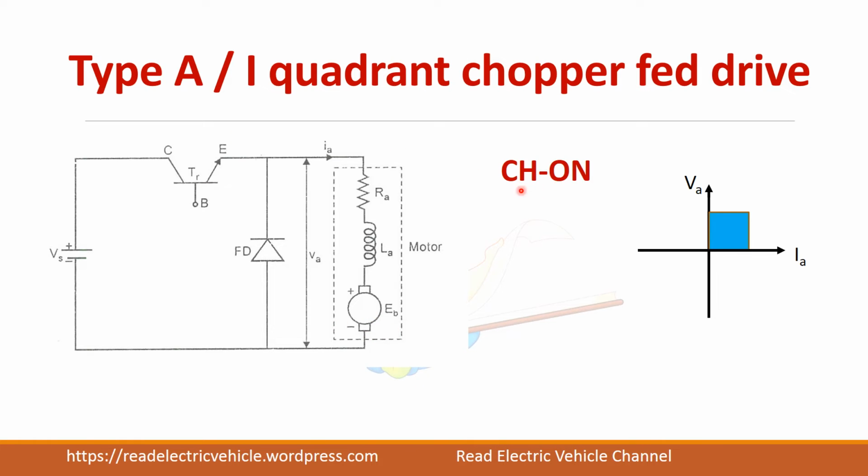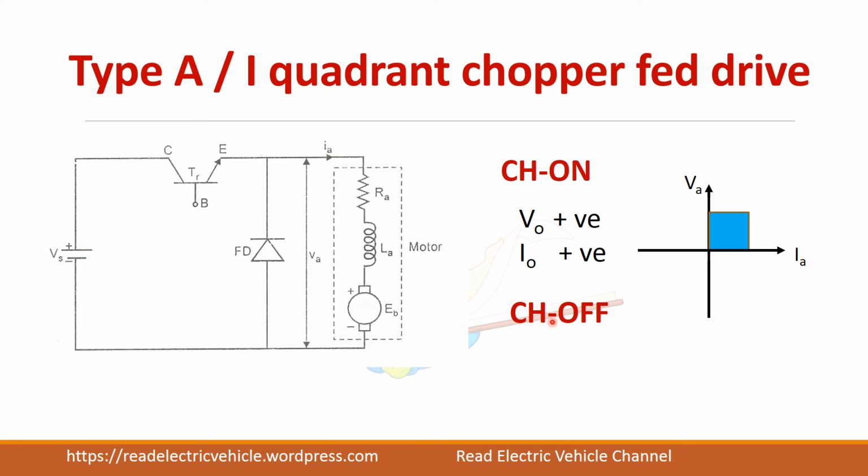When the switch is on, when this chopper is on, what happens? The supply voltage will appear across the load. So V0 is positive, I0 is also positive, or you can say VA is positive and IA is also positive.